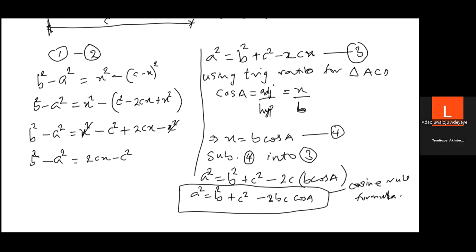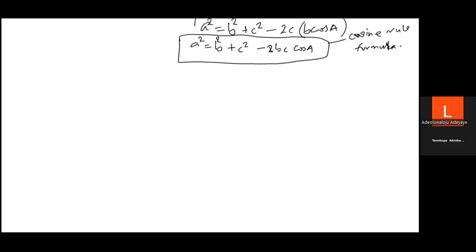Okay, now, I've just used one side to prove the cosine rule. You can draw a perpendicular on any of the remaining two sides and do the same proof, but there's no need for that.